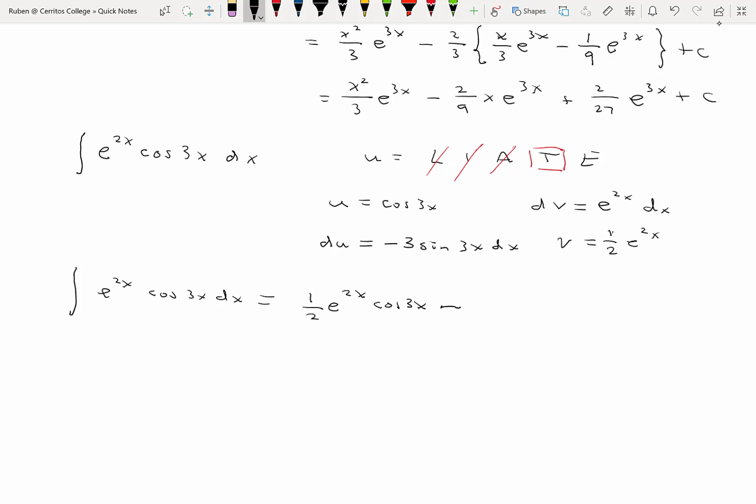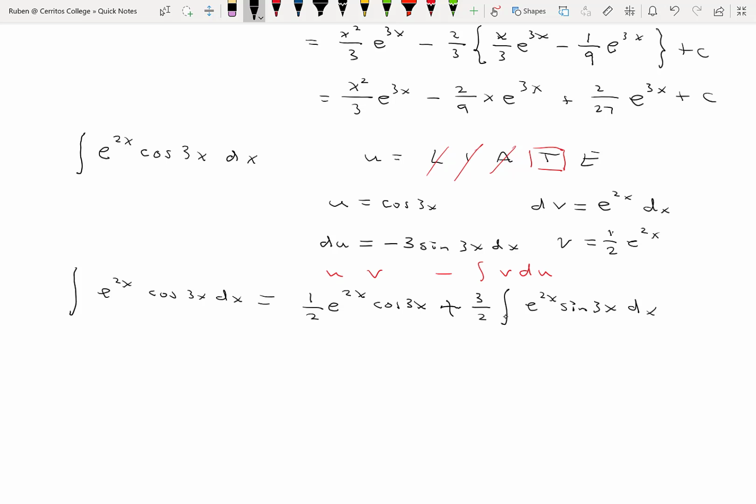Minus the integral. Well, du has a negative in it already, so plus the integral. du has a 3 in it, v has a 2 in the denominator, so plus 3/2 the integral of e to the 2x sine 3x. Now what the heck, I'll put the formula in. This is uv. This is minus the integral v du.